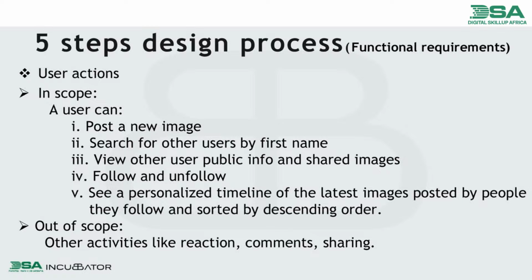I believe now you have more idea about the whole functional requirements. So anybody looking at this will understand what the user is supposed to be able to do. So this is like the minimum viable product, the MVP.